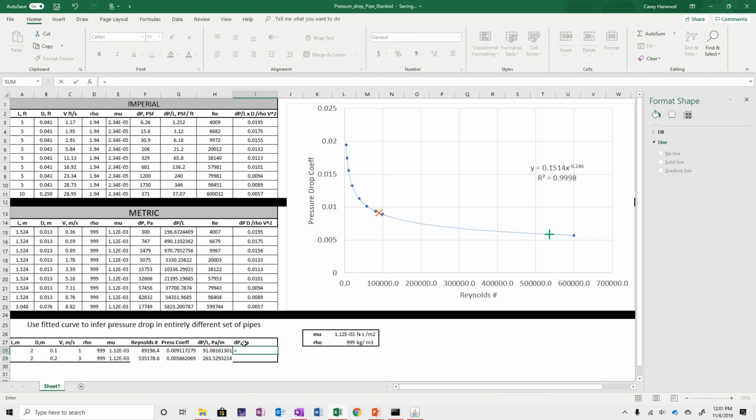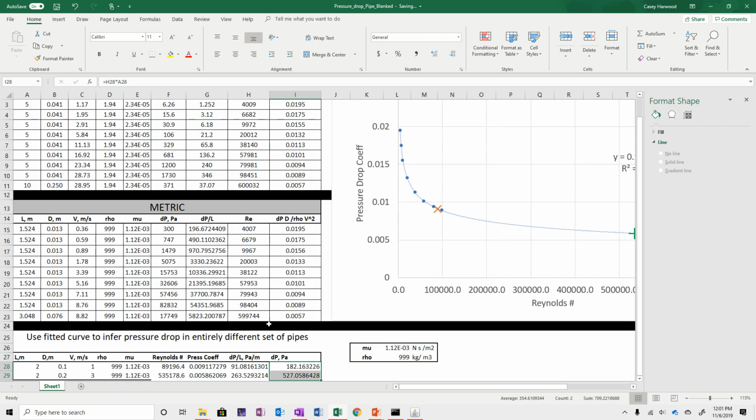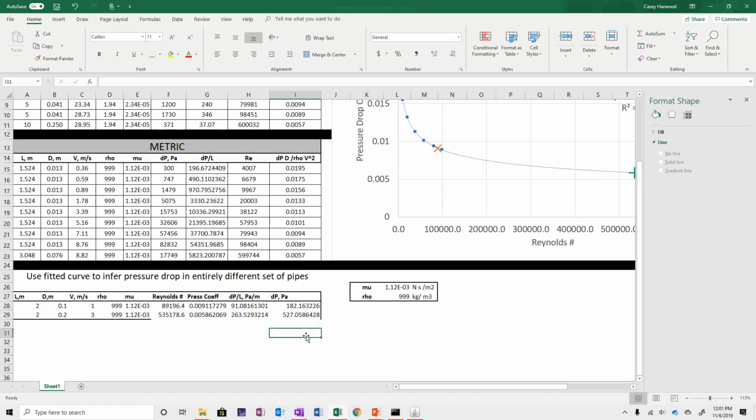And then the total pressure drop will be the pressure drop per unit length times the length of the pipe. And so we could go back to whatever customers or engineers are requesting this data and say for pipe 1 from end to end we'll have 182 Pascal pressure drop. For pipe 2 about a 527 Pascal pressure drop.